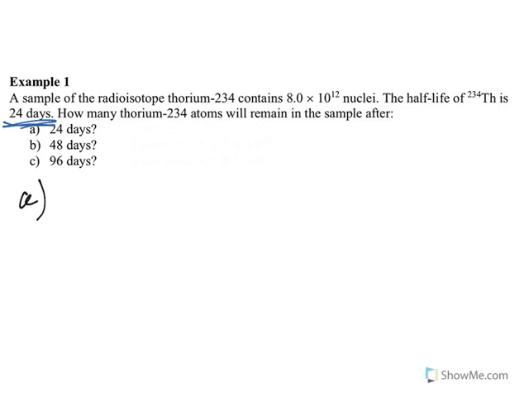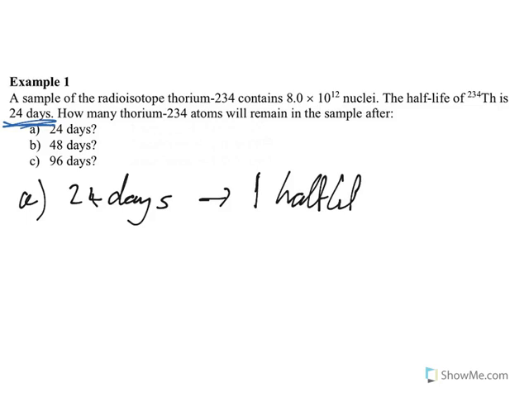So the key thing here is 24 days is one half-life. Alright, so in one half-life, half of them are going to decay. So if we've got 8, half of 8 is 4.0 by 10 to the 12 nuclei.